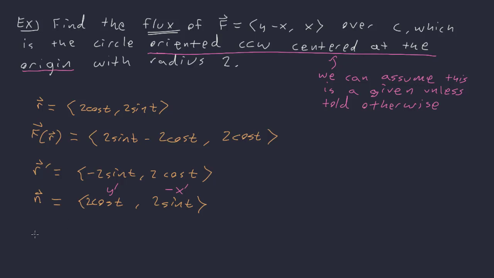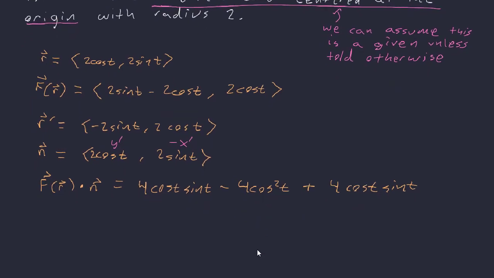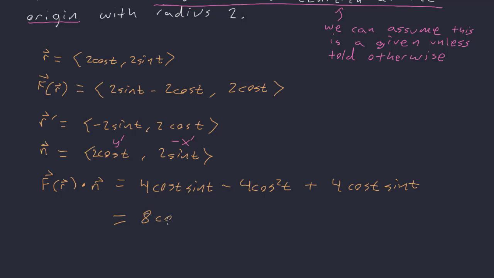Then we need to take the dot product, which is F(r) dotted with our n. In this case, that will be 4 cos t sin t − 4 cos² t + 4 cos t sin t. So we'll have 8 cos t sin t − 4 cos² t.